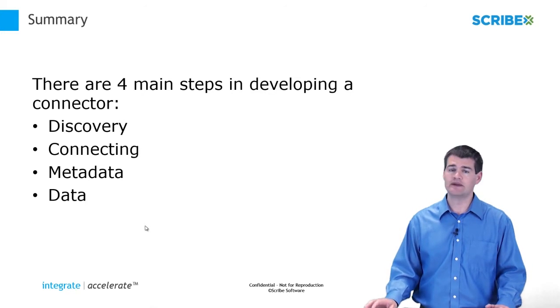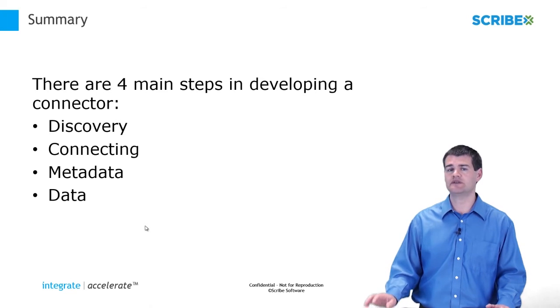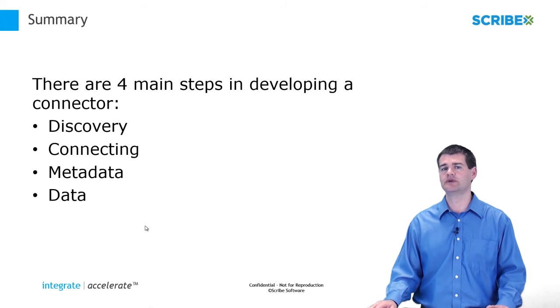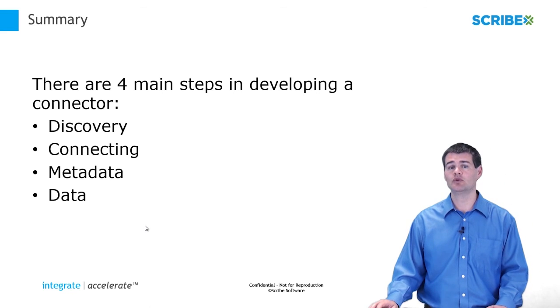Then we displayed metadata, describing our data, our greeting entity with our message and greeting template properties. And then we demonstrated data, and we split that into 2 parts: reading data, or implementing execute query, and writing data, implementing execute operation. And that completes our HelloWorld connector.